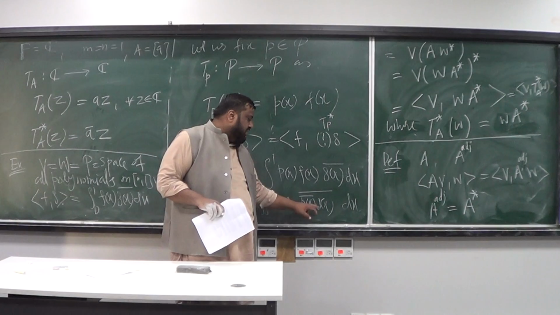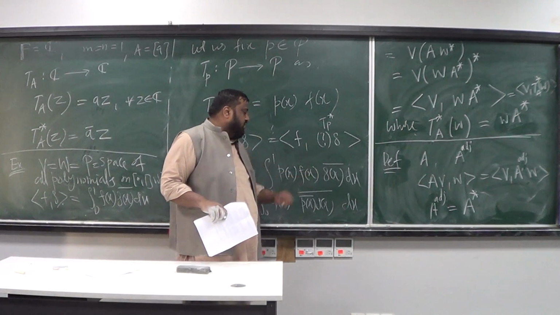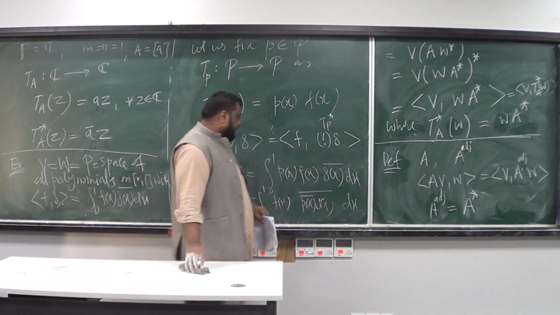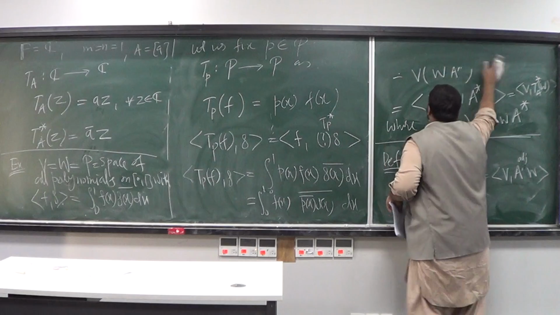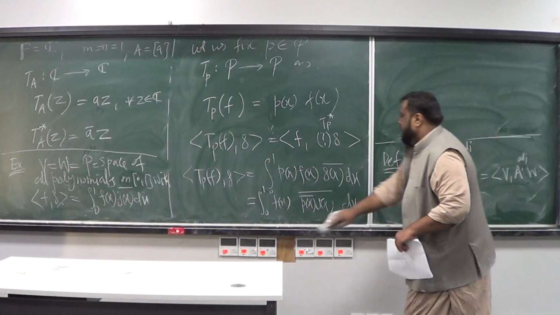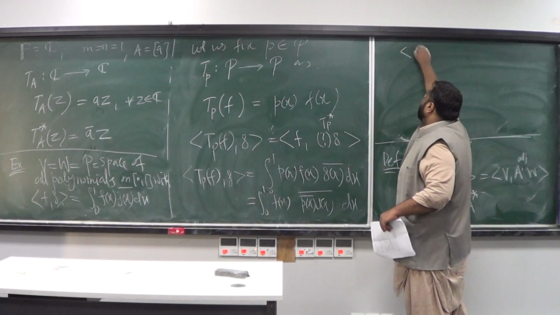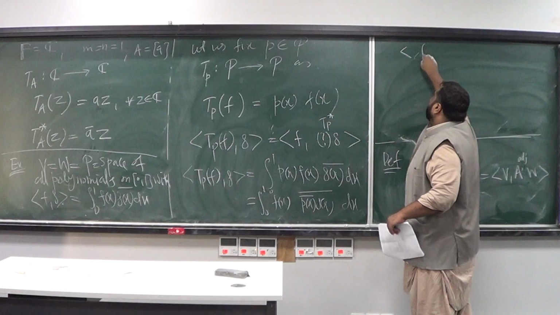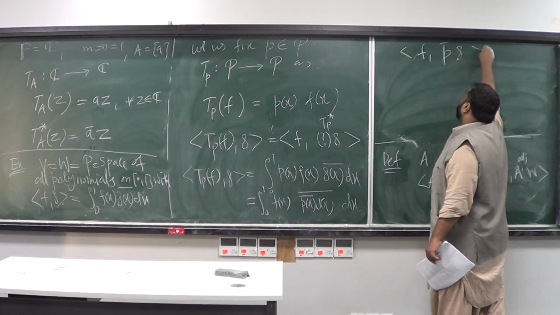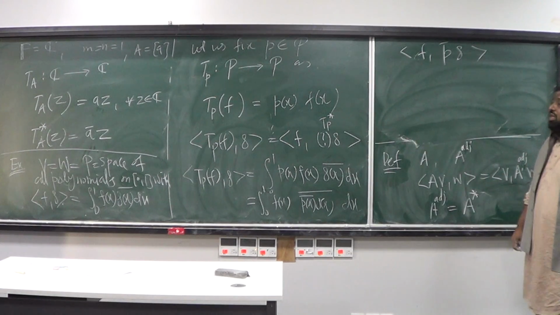The conjugate of the conjugate is going to be p of x times the conjugate of g of x. Okay? And hence I can rewrite this again as an inner product. So this is equal to the inner product of f with p bar multiplied by g.